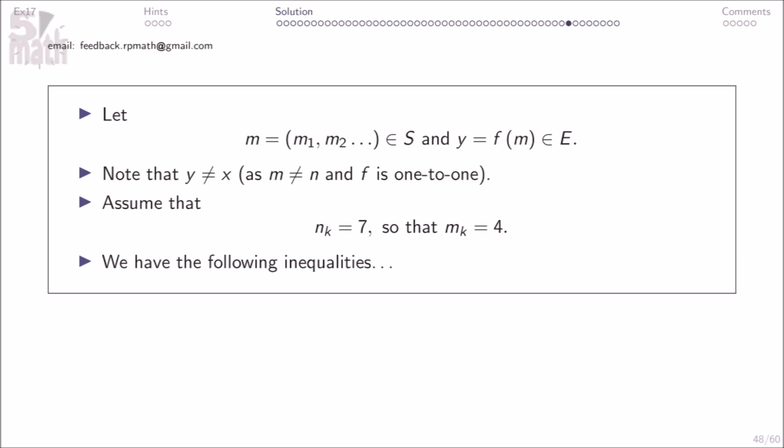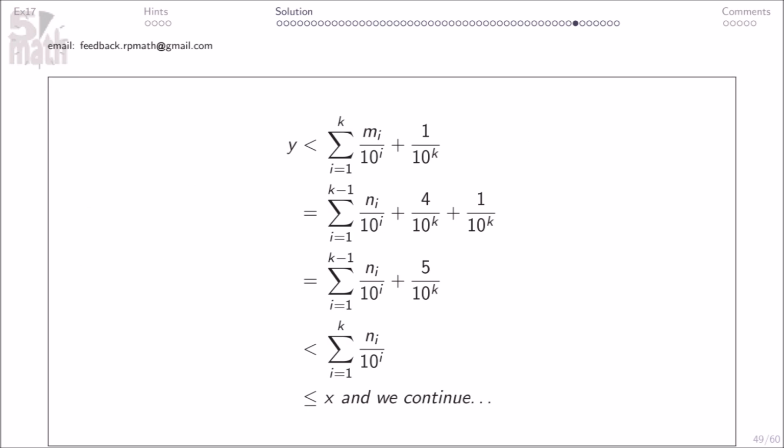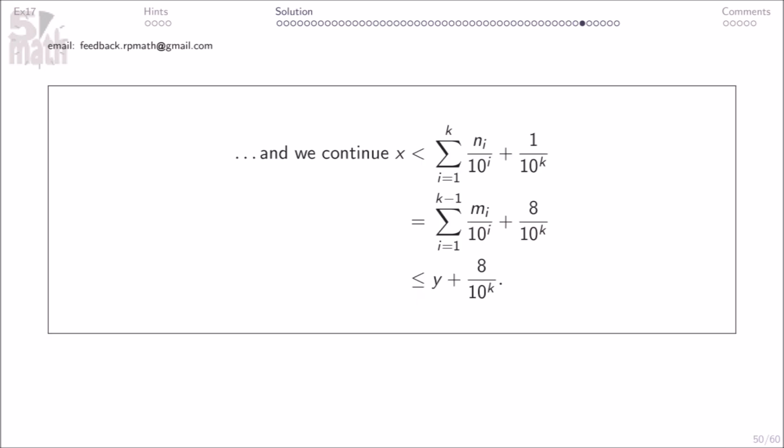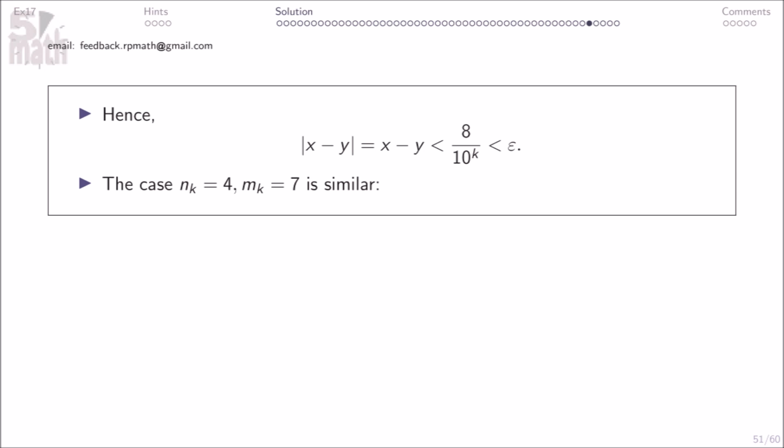Assume that nk equals 7, so that mk equals 4. We have the following inequalities. The following, and we continue. And we continue the following. Hence, we have this. The case nk equals 4, mk equals 7 is similar.